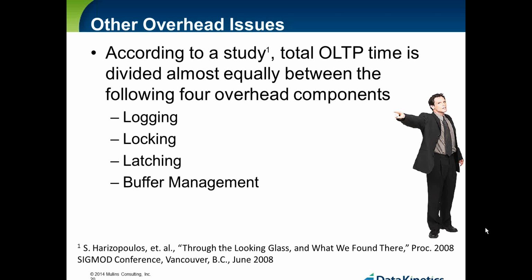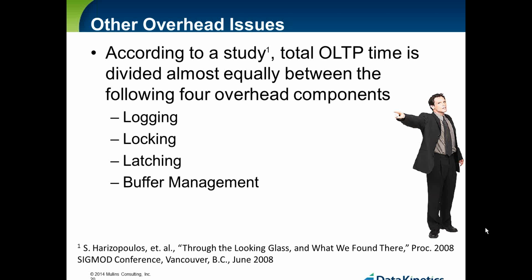Another overhead issue, this time from Michael Stonebraker. Some of you may know Michael Stonebraker. He's one of the early relational pioneers, worked on University Ingres, and he's done some research and says that a lot of overhead is consumed communicating with APIs like ODBC and JDBC.